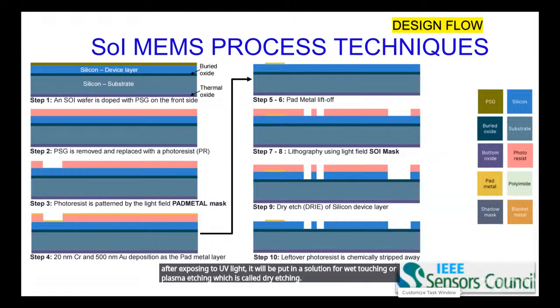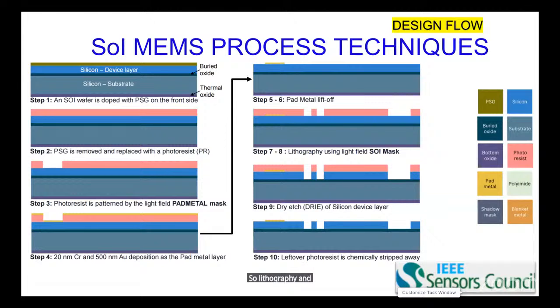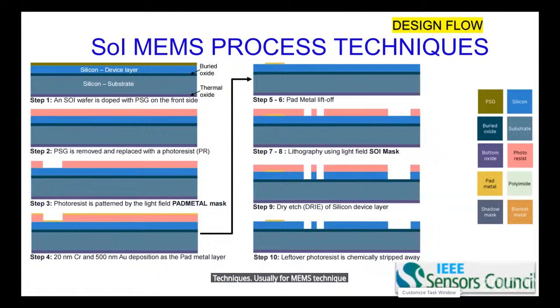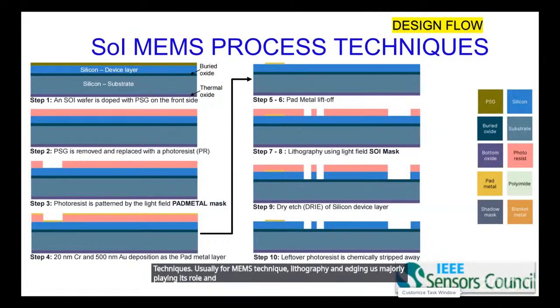So lithography and etching are two processes which are associated closely together, and they are the major processes of SOI MEMS techniques. Usually for MEMS technique, lithography and etching play the major role, and that is the difference from planar VLSI technology. To create moving structures, we go for lithography and etching.